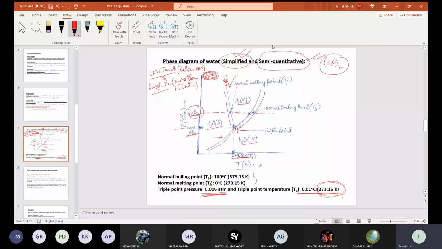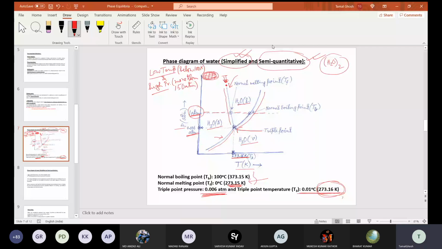Okay, so look at this difference very carefully. But at the normal melting point, what is the pressure? It is 1 atm. So 1 atmosphere pressure is there at this normal melting point. So this is about our phase diagram.